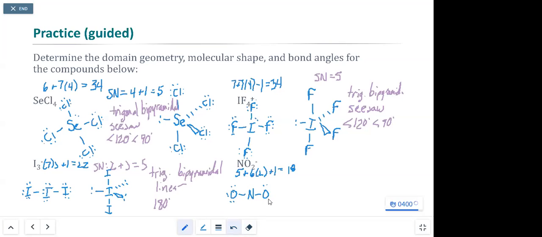And so we're going to need to make an extra bond here. Now, you will also recognize at this point that where we put that extra bond is completely arbitrary. What we have here is an example of resonance. For this kind of practice, we don't need to concern ourselves with the resonance structures.